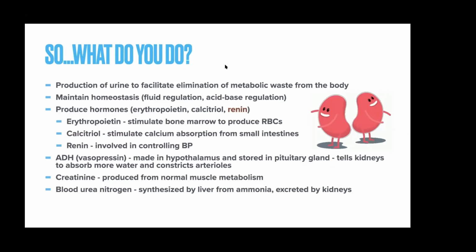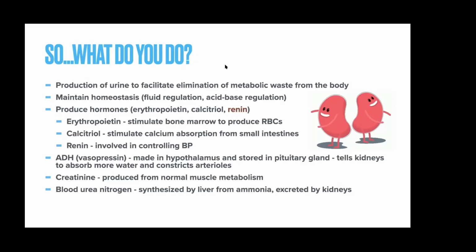The first one is erythropoietin, and this is what stimulates the bone marrow to produce red blood cells. Next, we have calcitriol, and this stimulates calcium absorption from the small intestines. And then the hormone that we're definitely going to delve into is renin, and that's involved in controlling our blood pressure. So very, very important, all three hormones.